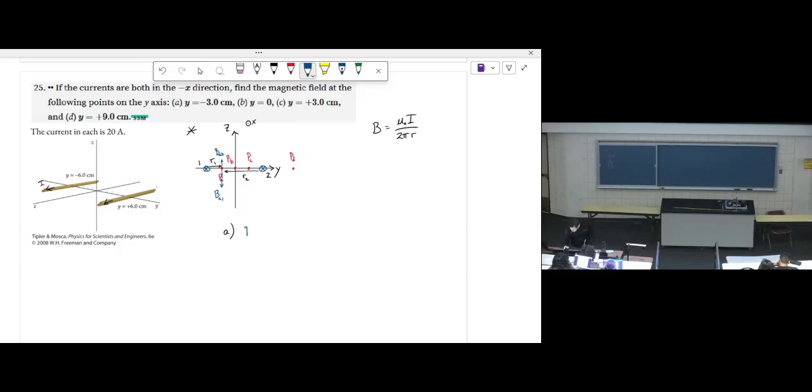And the net result is that the magnetic field at that point is going to be equal to BA2 minus BA1, k hat. Just based on the geometry, one is going in the positive k hat direction, that's BA2, and then BA1 is going in the negative k hat direction.